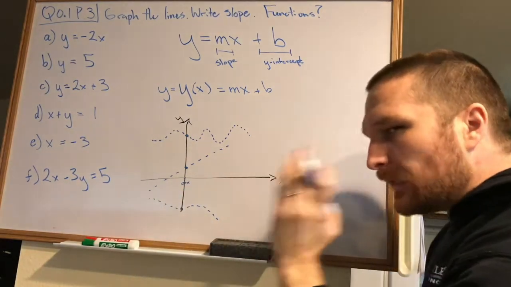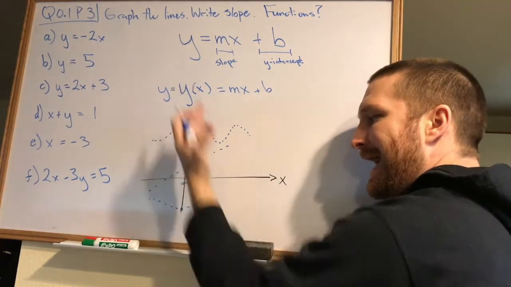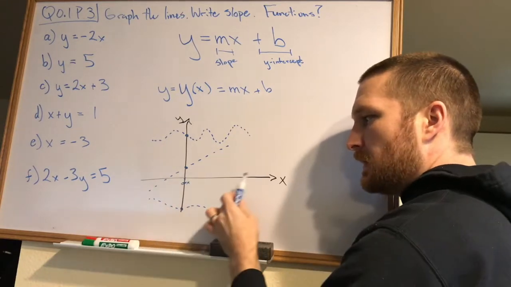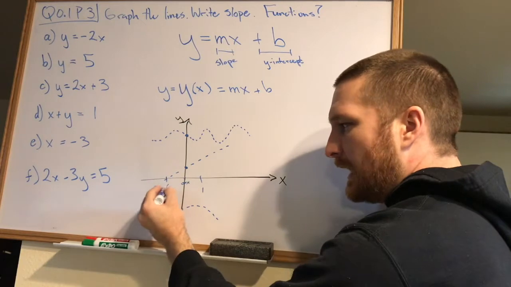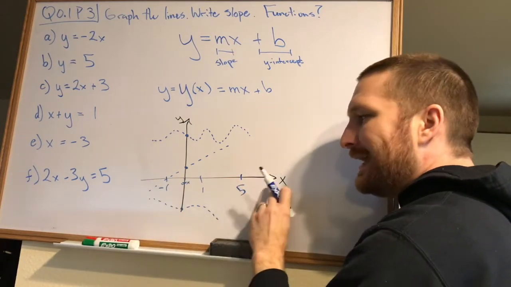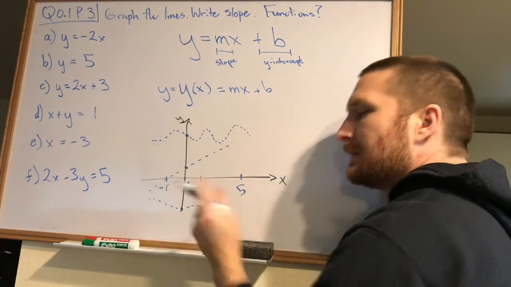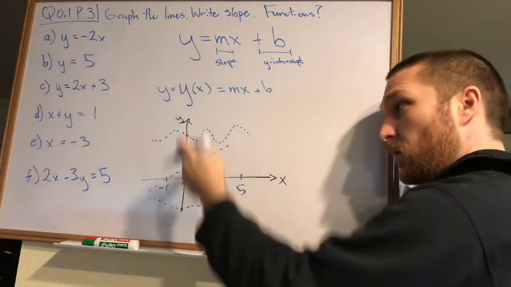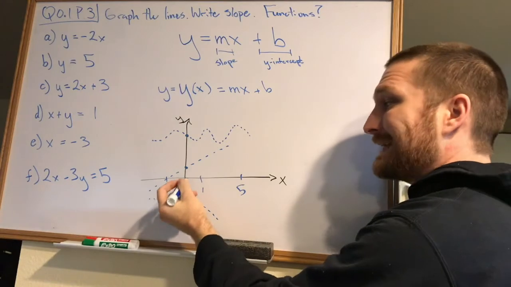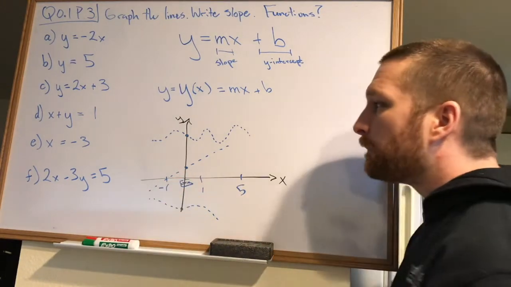That is, the only way to be on the y-axis is when your x value is here at 0. x can't be 1, x can't be -1, it can't be 5, it has to be a 0. Then you're on the y-axis. Similarly, if you're on the y-axis, your x has to be 0.